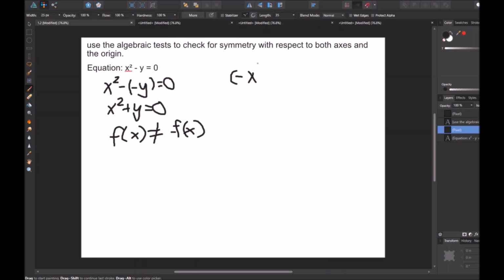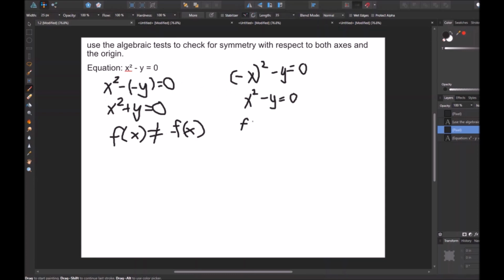So we do negative x squared minus y equals 0. Negative x squared just evaluates to x squared, and this minus y stays the same. Well, x squared minus y equals 0 is the same equation as we were given.